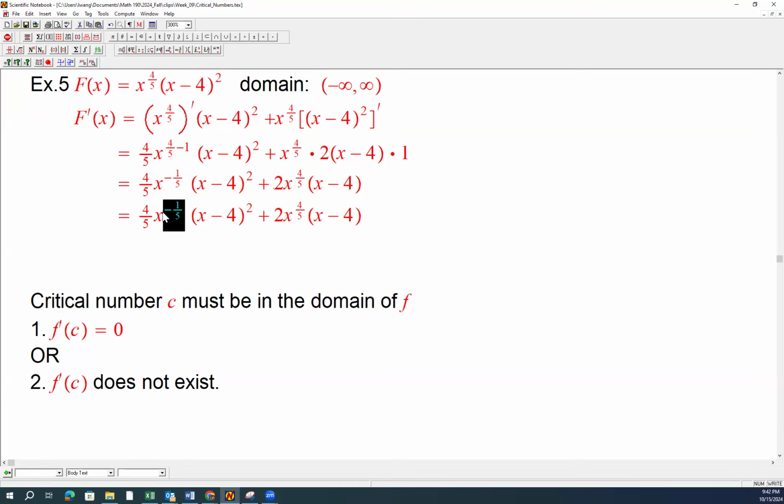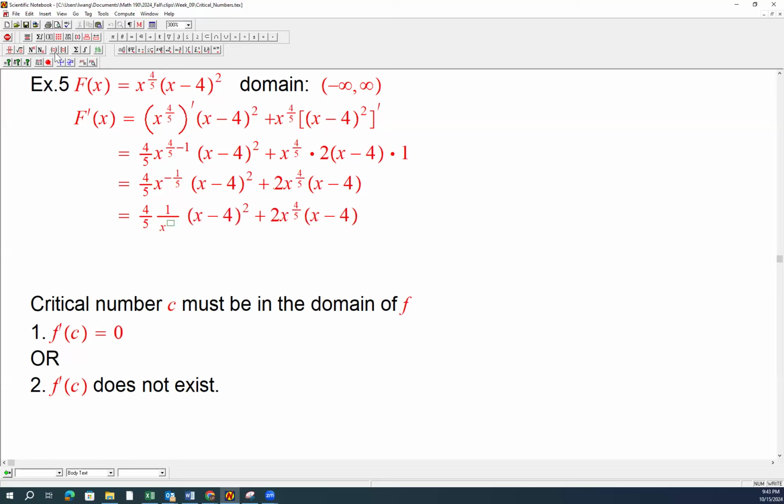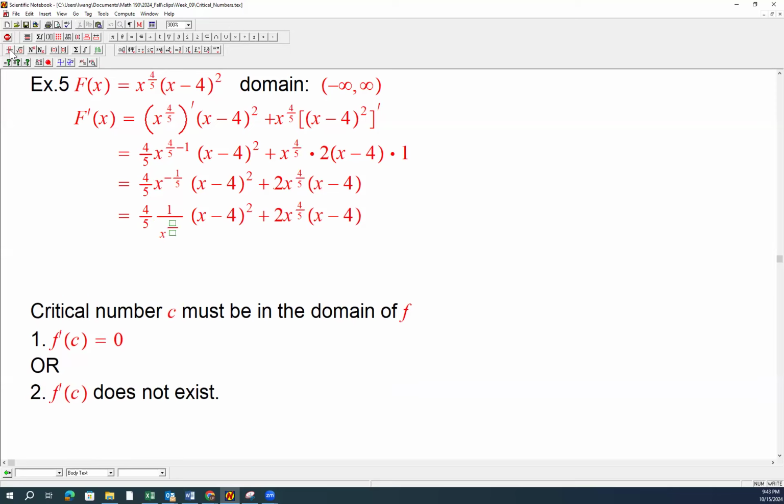We're going to write this in root form. First, this is a negative 1/5. The first form we can write is to take care of this negative exponent, which is 1 over x raised to the power 1/5. On this part, you can write it.